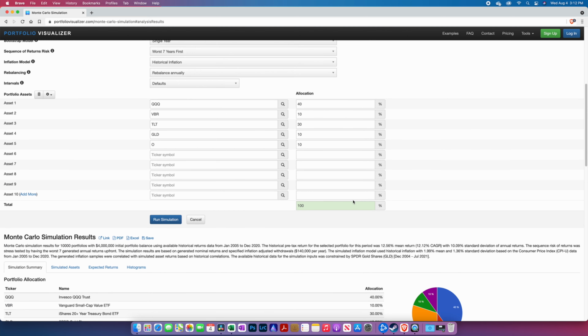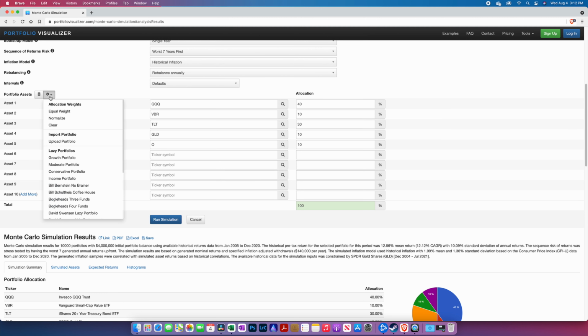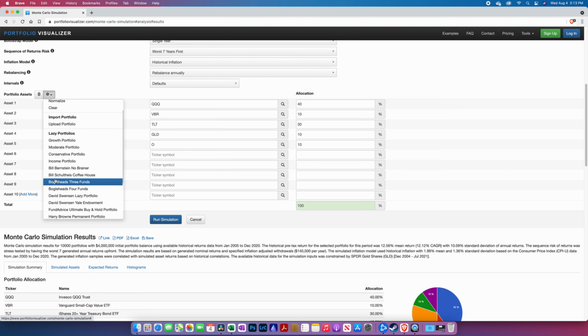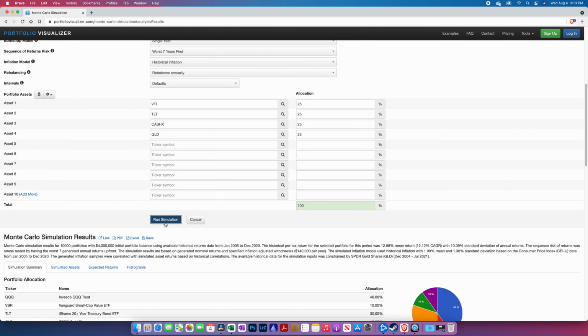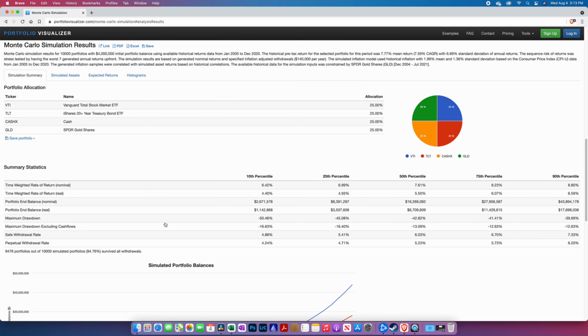allocation. Just to show you how good this allocation is, we can go ahead and tweak this by picking some other lazy portfolio. So let's say that we were to use Harry Brown's permanent portfolio. Run the simulation. We can see that Harry Brown also survives over 7 years of worst returns.